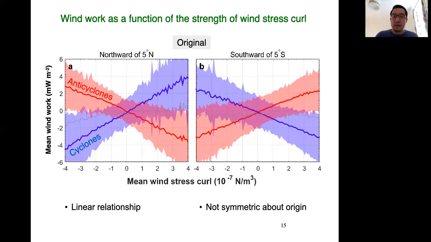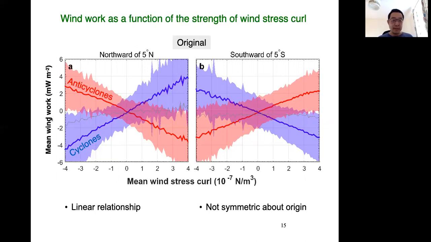Earlier on, we also talked about the linear dependence of wind work on wind stress curl for a simple Gaussian eddy. Now we also plot this for the real ocean.